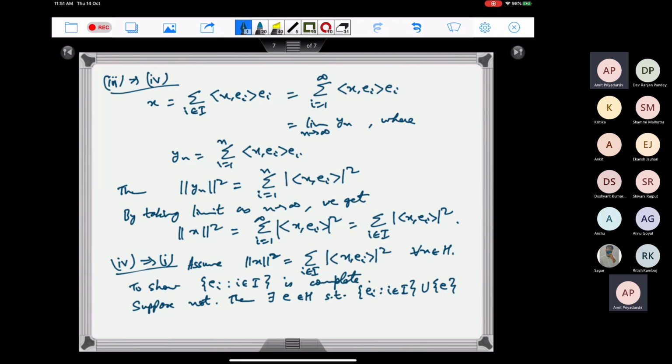So we have a vector E such that this is an orthonormal set.